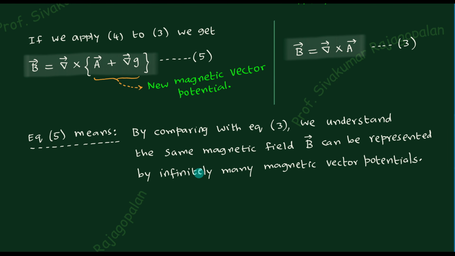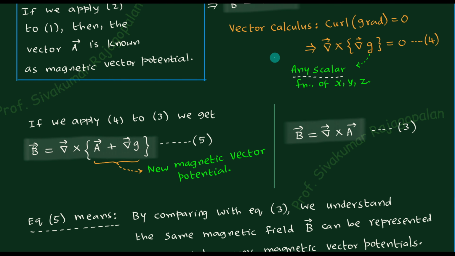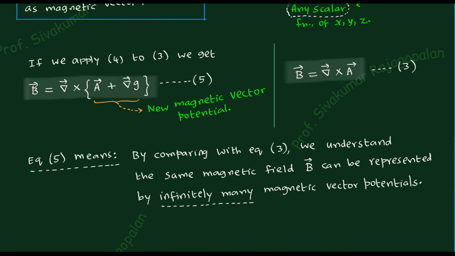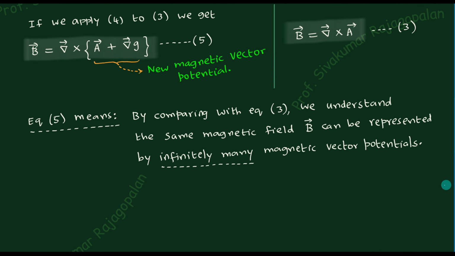And now the question is, what is the reason for infinitely many? How do you know? It is because you see the G is any scalar. So because you have the word any scalar, I have infinite options for the scalar function. That is the reason why I have infinitely many magnetic vector potentials. Okay, so all that thing is clear.